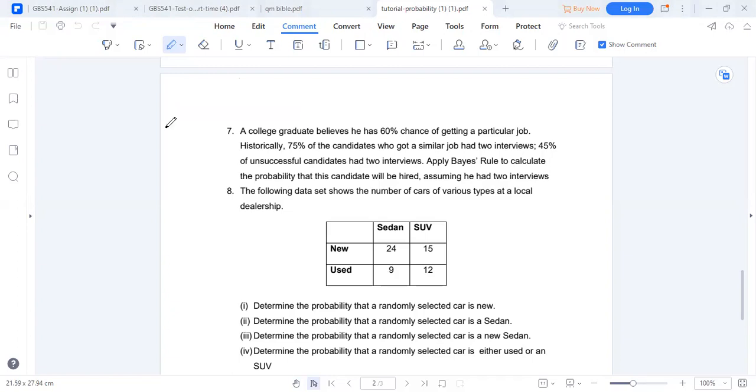The new is 39. Then 21 used. 33. Then that is 27.